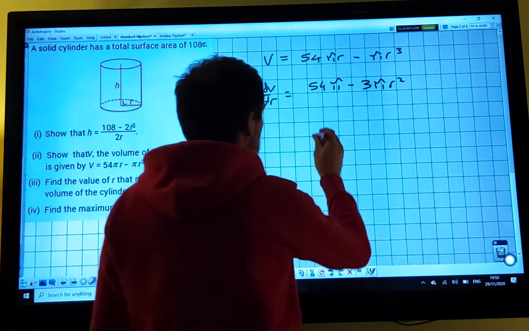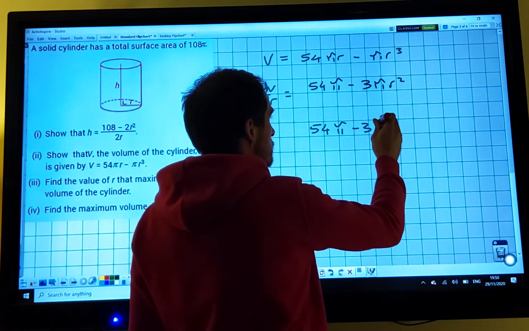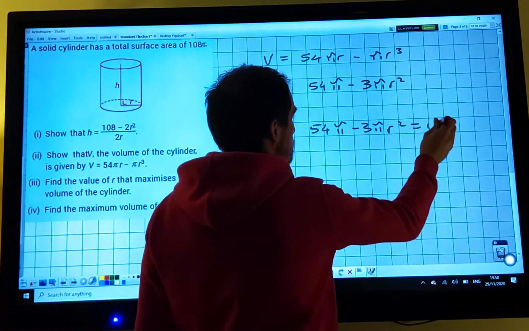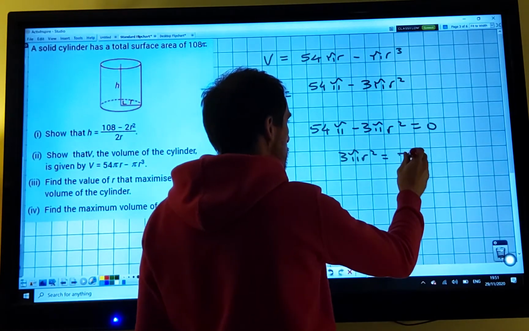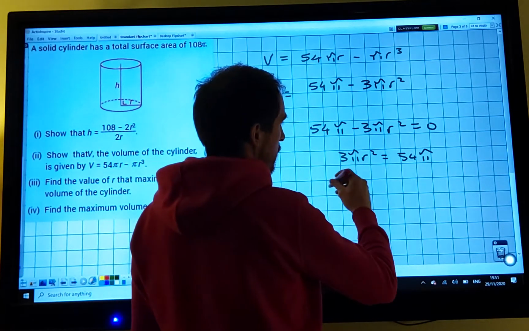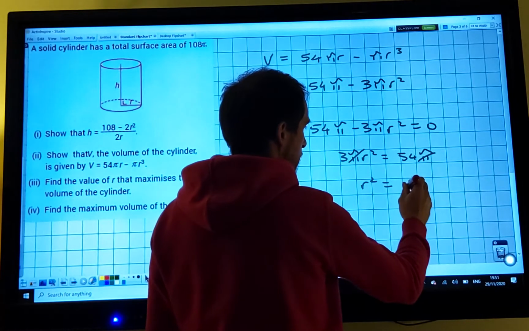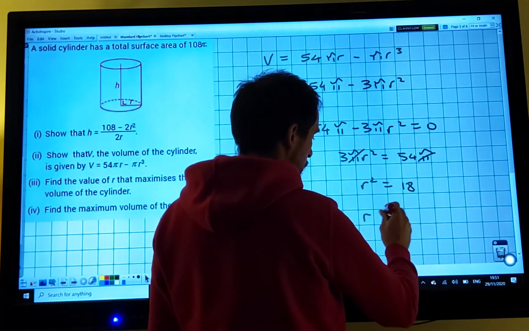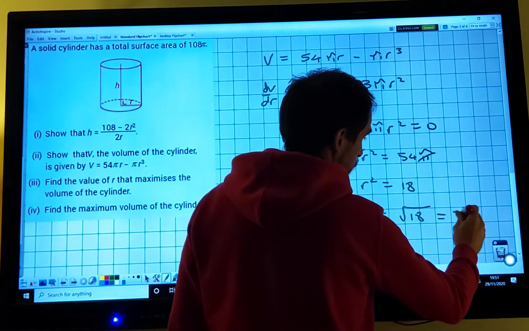So you let that equal 0. And this is just your algebra. So 3 pi r squared equals 54 pi. The pi's will cancel. r squared will equal 18. So r will equal the square root of 18, which can be written as 3 root 2.